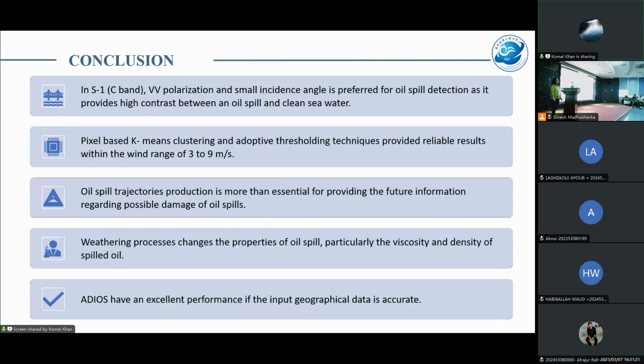If your parameters are not accurate, then it will not give you good results. So it means user expertise is required to use this.